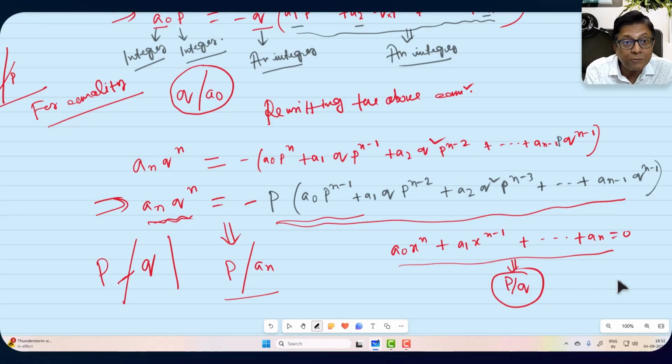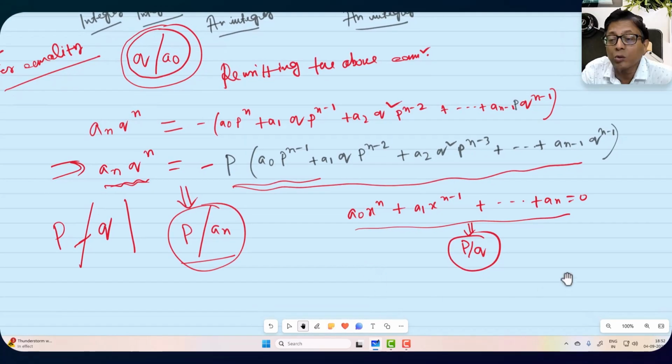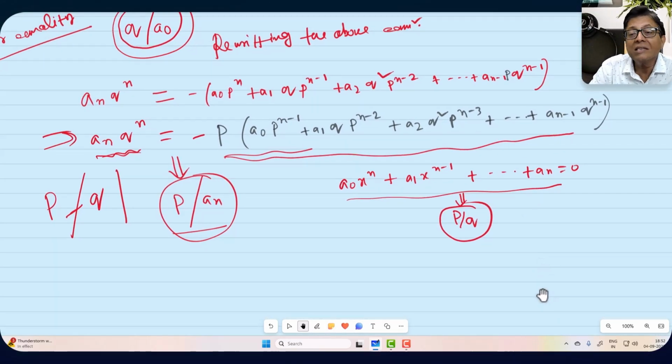Isn't it? We have just proved, q divides A0 and P divides An. So if the equation has a rational root, this is the condition that the denominator must divide the coefficient of the leading term and the numerator must divide the absolute term.